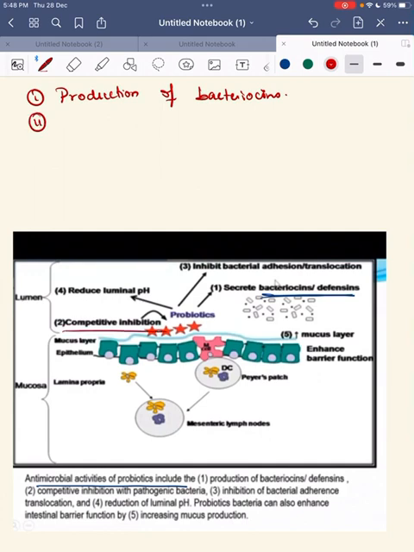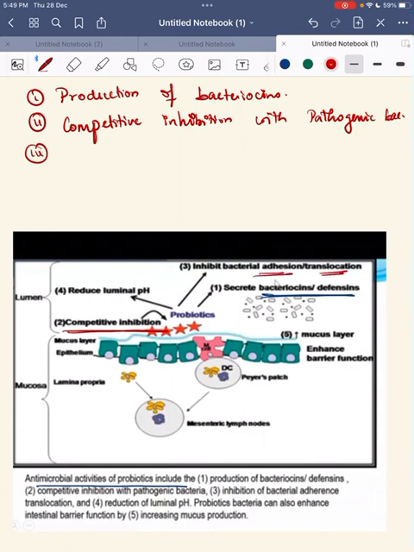Second, competitive inhibition with pathogenic bacteria. Third, they also inhibit bacterial adhesion and translocation.